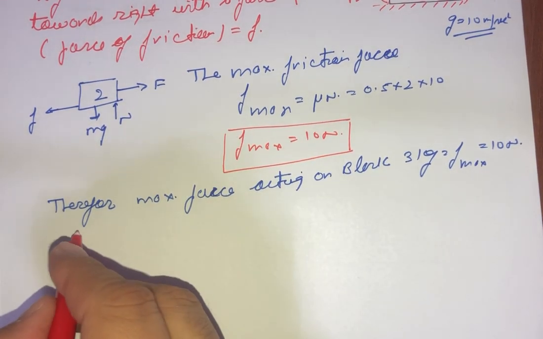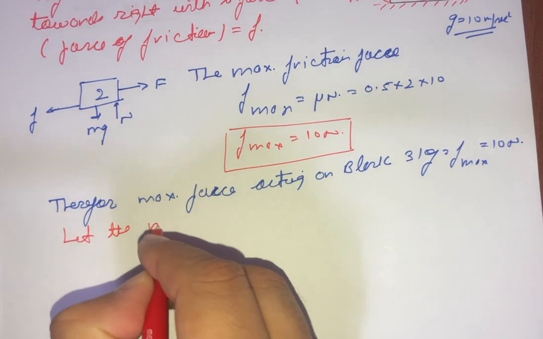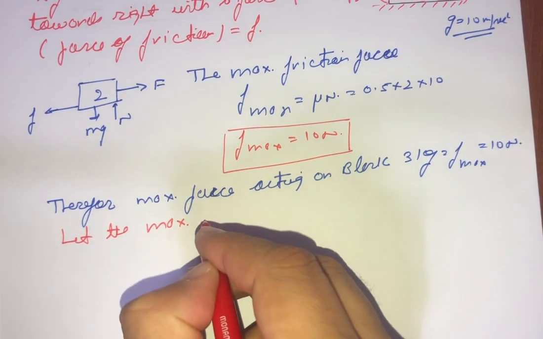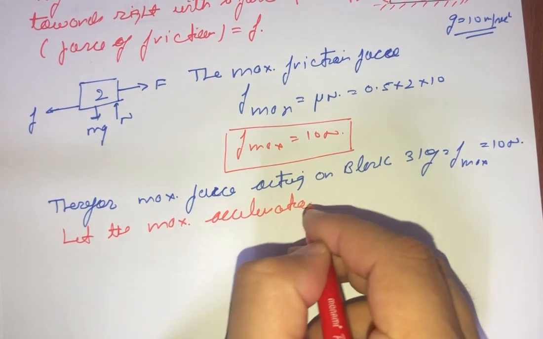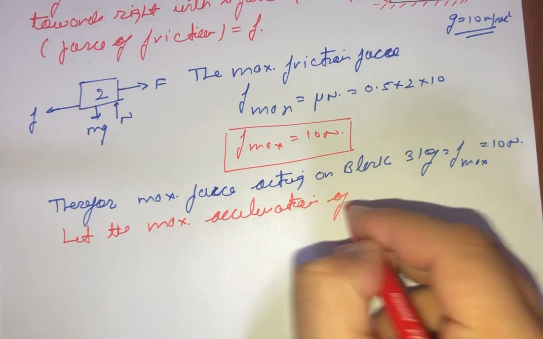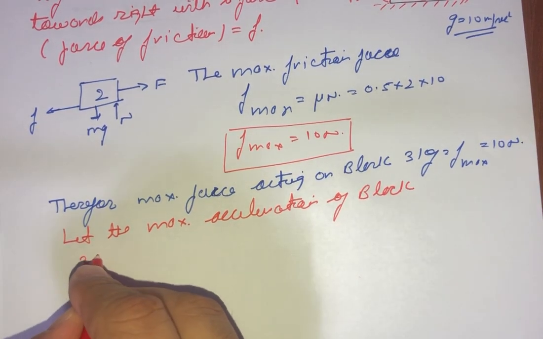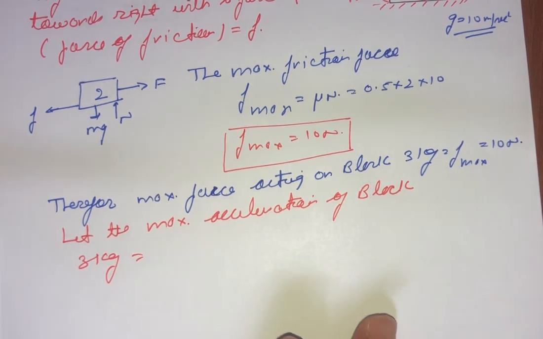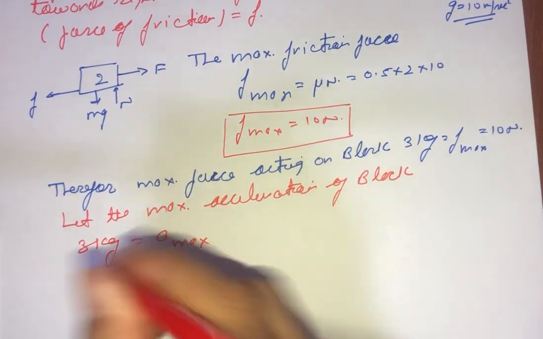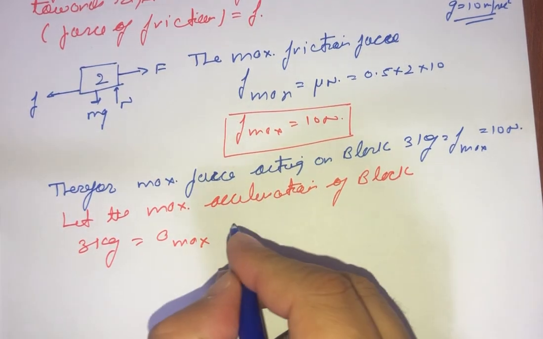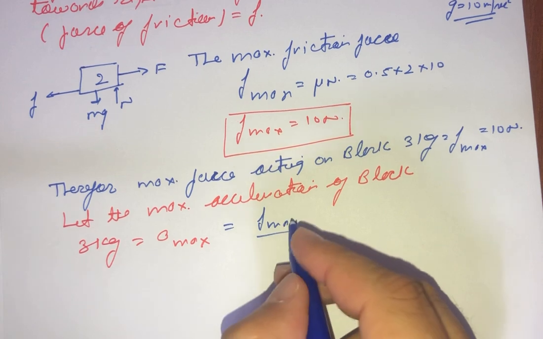And let the maximum acceleration of the 3 kg block be A max, which will be equal to F max divided by mass.